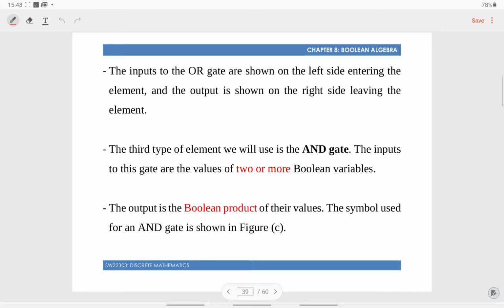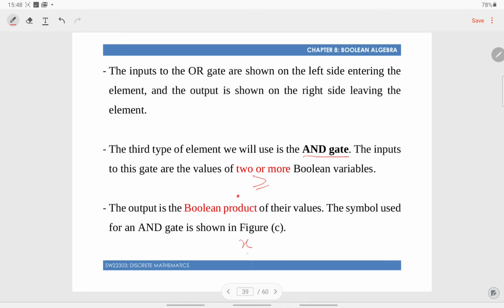The third type of element we use is the AND gate. The inputs to the gate can also be two or more Boolean variables, X, Y, Z, and so on. The output is the Boolean product, so the operation is Boolean product.